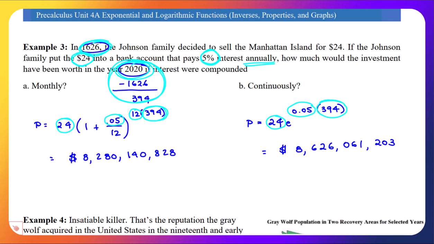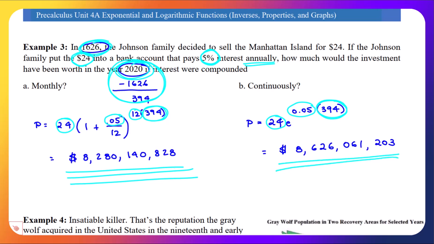If it's continuously, we use the P e to the RT formula. And from $24, 394 years ago, we now have 8,140,000 blah blah blah dollars, whereas here we do it continuously, it's quite a bit more, but again, we're talking about 394 years continuously. And I left off the cents, if that's okay with you. I figure after $8 billion, the cents are not that interesting.